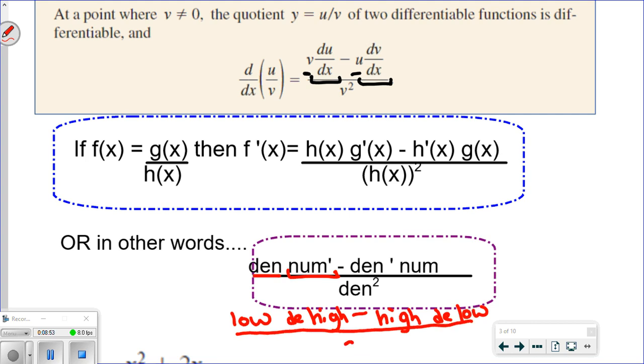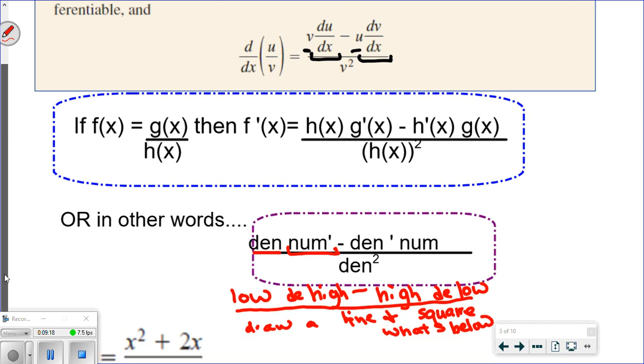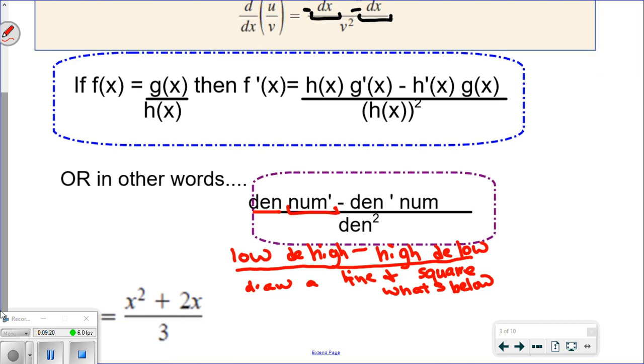So low D high minus high D low, draw a line and square what's below.